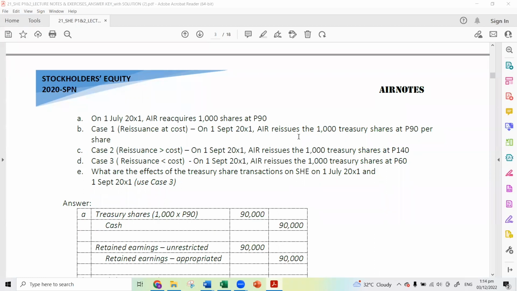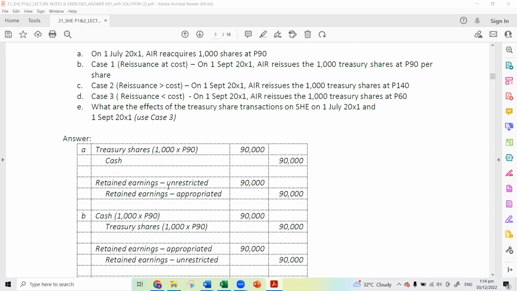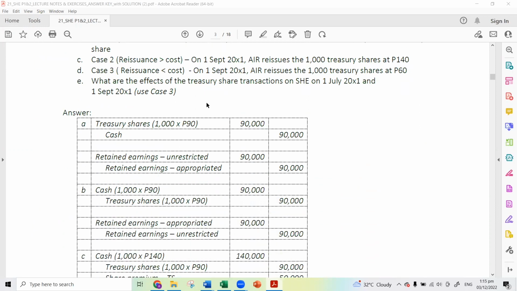And the treasury shares are presented as deduction in the stockholders' equity, and this is considered as a contra equity account. Okay? So, if you go over with this problem, isa-isahin natin ang konsepto na dapat natin makuha dito. So again, this is treasury shares which uses the cost method of accounting.